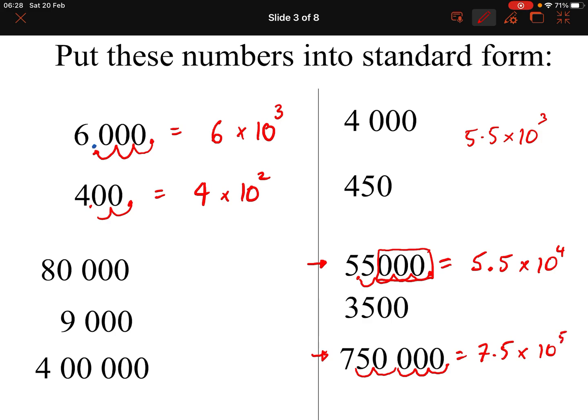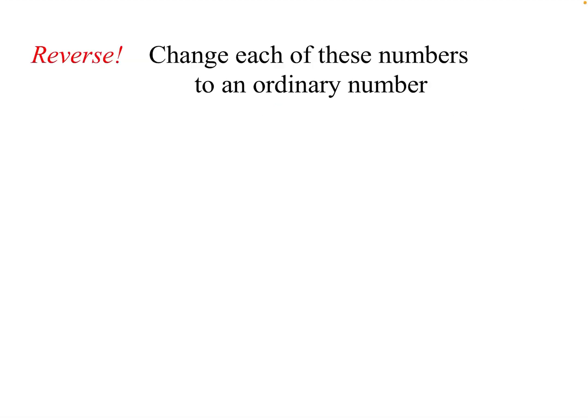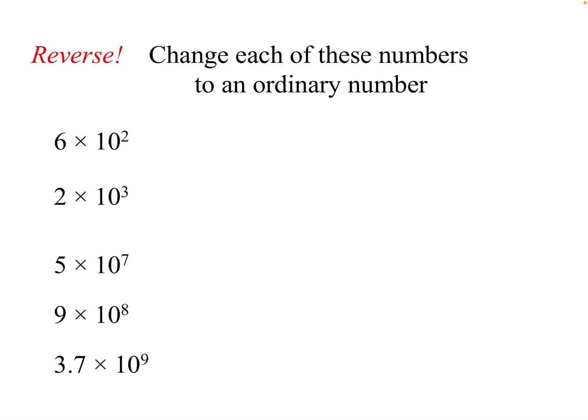So there it is. Now, what you might also be expected to do, oh, there's all the answers, by the way, is do it the other way around. So here are some numbers in standard form, and what you need to do is change them into ordinary numbers.